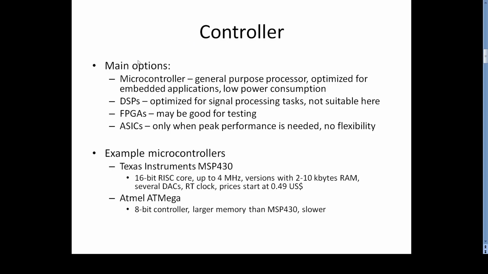So we have four main options. First one is the microcontroller, second is DSPs, third is FPGAs, fourth is ASICs. A microcontroller is a general purpose processor. This is optimized for embedded applications and it consumes less power. The second option is DSPs, digital signal processors, which are optimized for signal processing tasks, and these are not suitable here.